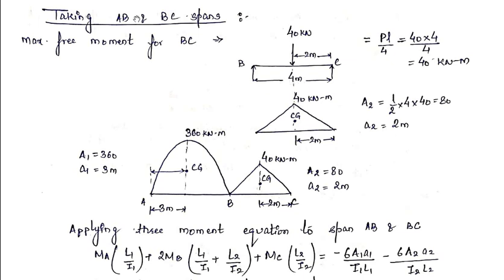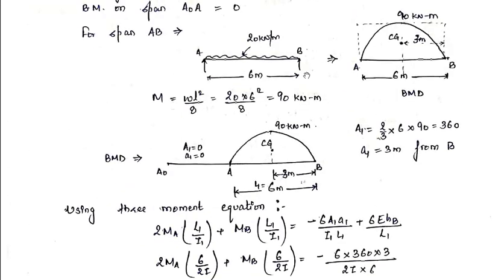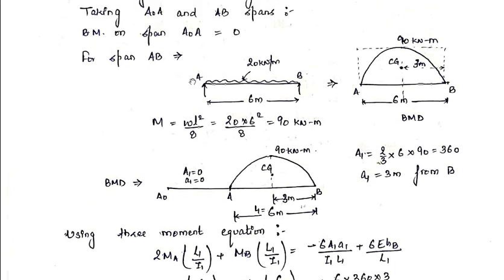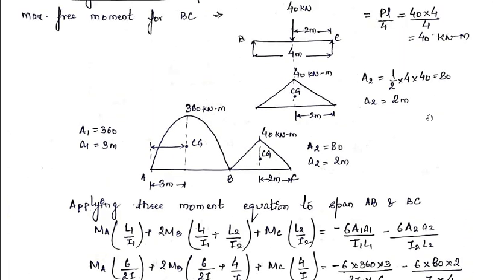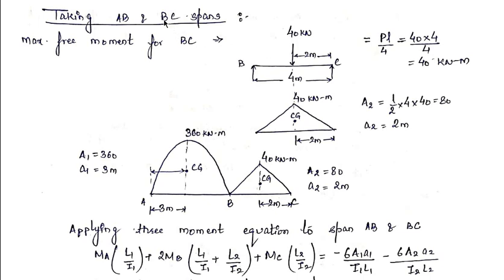For the AB span, first we find the value of the free bending moment, which we have already calculated. The free moment value for the span AB was 90 kilonewton meter, so we need not find the value again. Now let's come to the BC span.